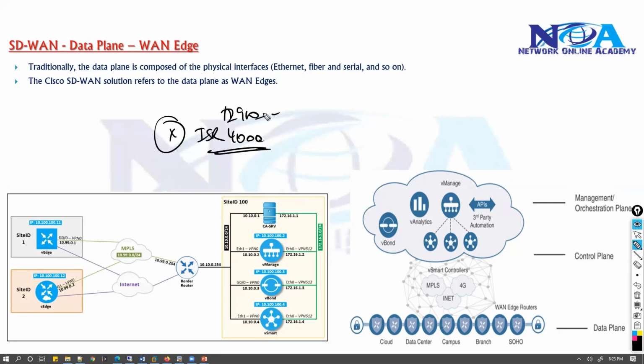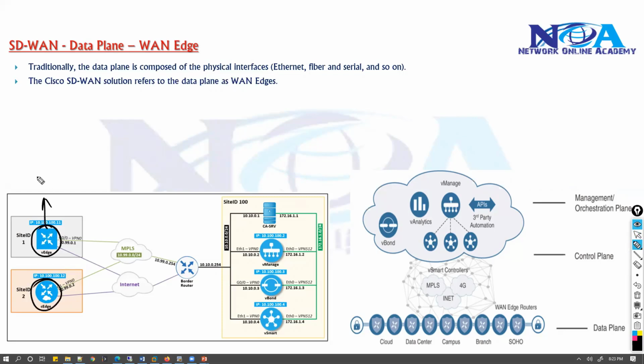It is a dedicated router which has everything, physical interfaces which connect, and it will do the forwarding. That is your data plane job. Now in SD-WAN networks, these edge devices are replaced, and we call them WAN Edge devices, just like we normally call them routers or switches.